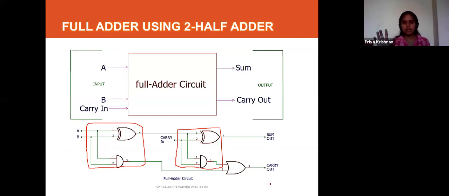So if you don't know how to design a full adder, then what else can you do? You don't know how to simplify the full adder, then simply design two half adders, connect them together, and then put one OR gate to sum the carry of the two half adders.